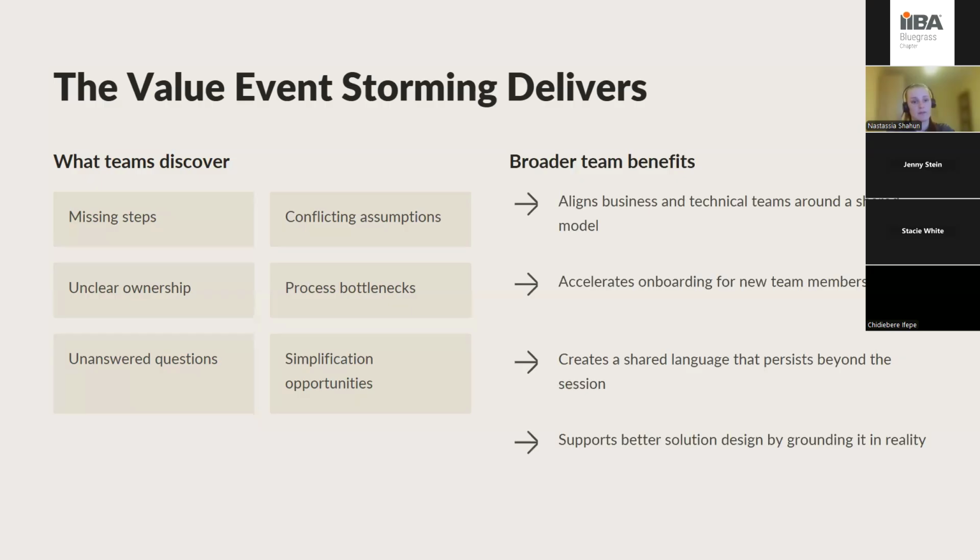Beyond that, the workshop creates a shared language across roles. That matters a lot because it is rare that all team members have the same understanding of the domain. During my career, I have never met an entire team, I mean business and technical teams, that had the same understanding from the start.